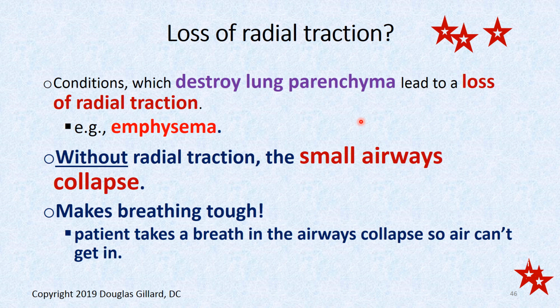We already said emphysema. There are other, more rare diseases, but emphysema is the key one. Remember, emphysema is part of COPD, chronic obstructive pulmonary disease. So the board question could say, what causes a loss of radial traction? Emphysema? True. COPD? Well, emphysema is part of COPD, so that would be true as well.